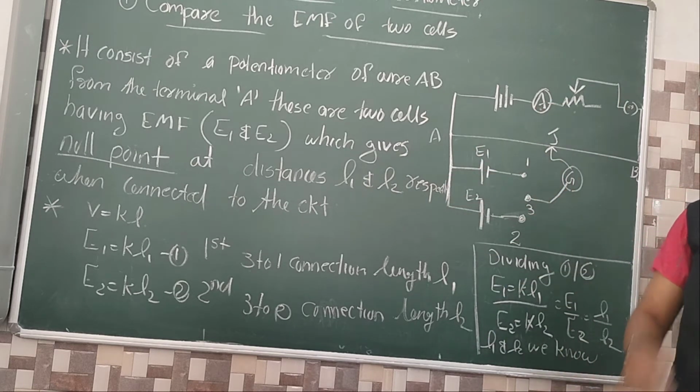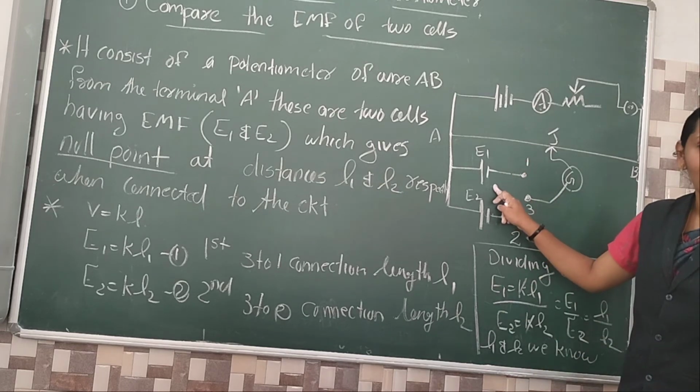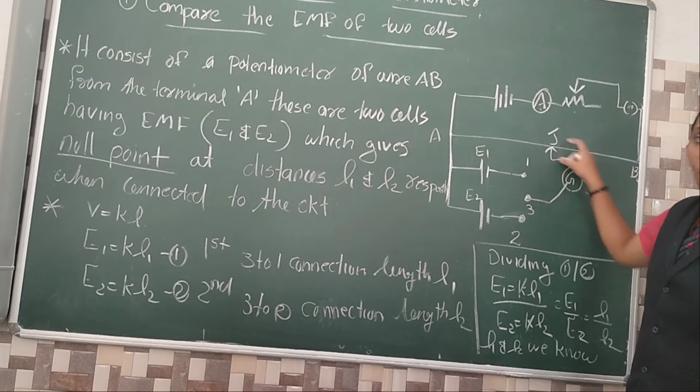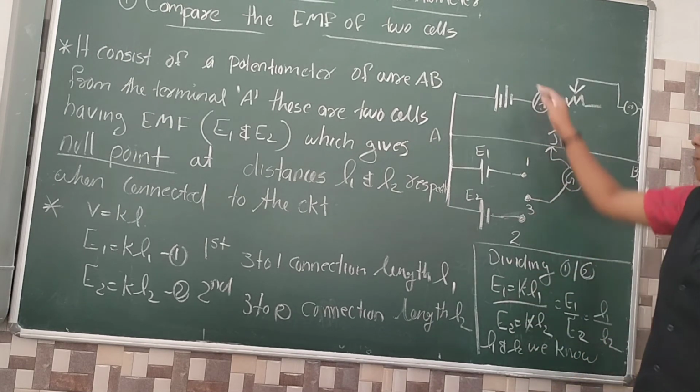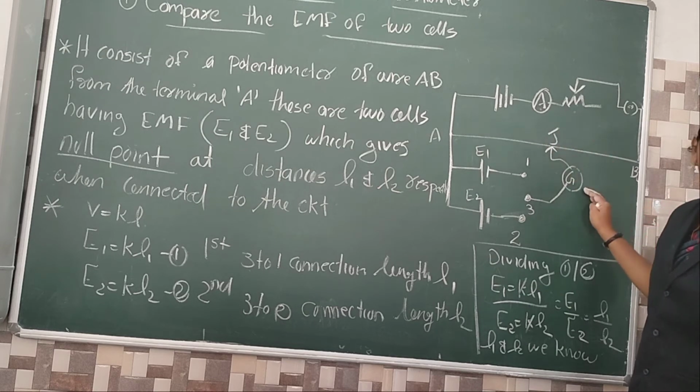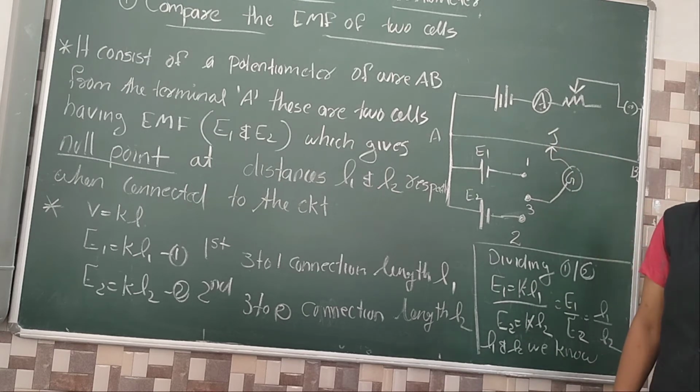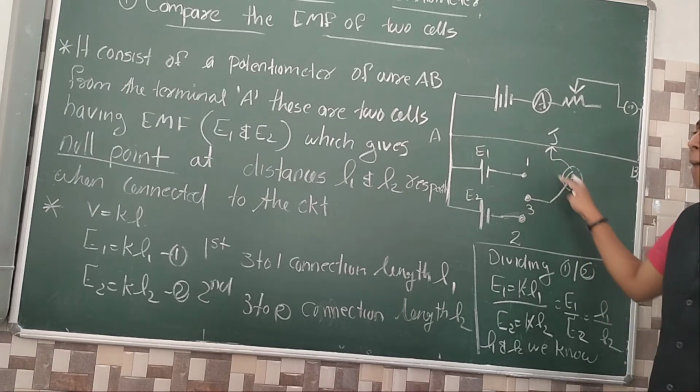You remember, just before, the working condition: we connect the cell and move this jockey, we should get a point. At that point, the current is passing in the opposite direction through the galvanometer. Deflection is 0. बोलते हैं ना? The same will be happening here also.